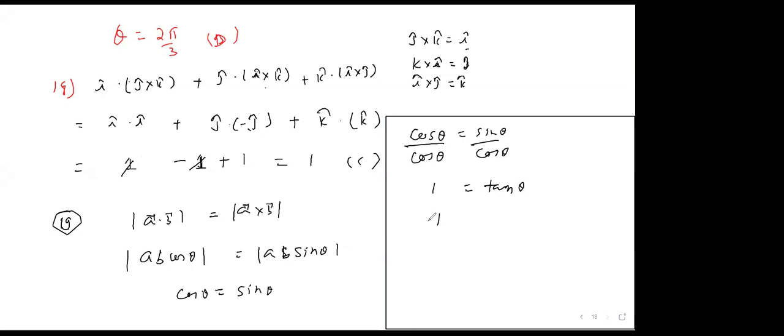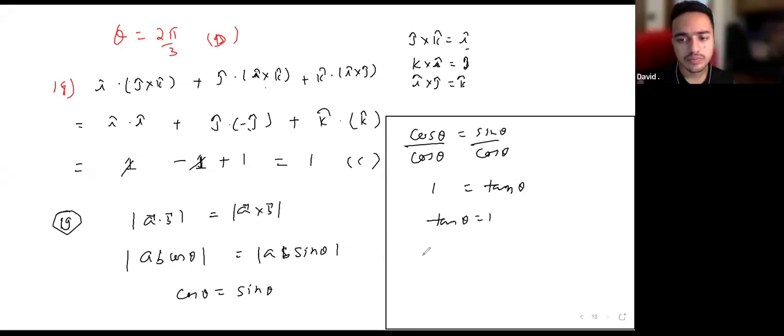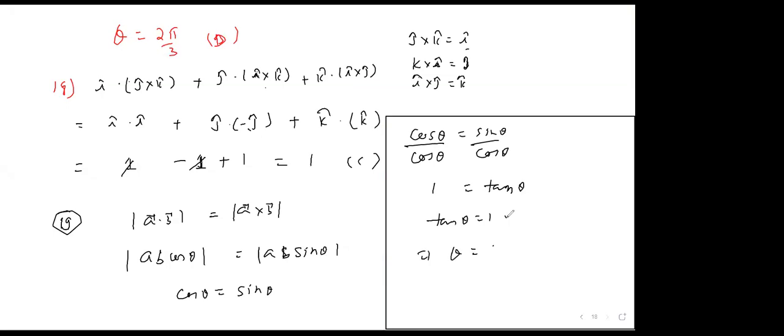So tan theta equals 1, so theta equals pi by 4.